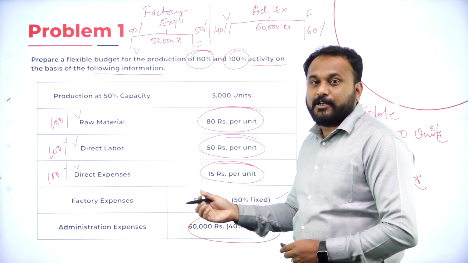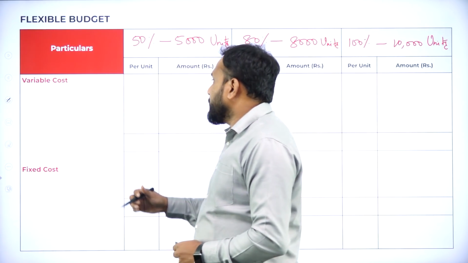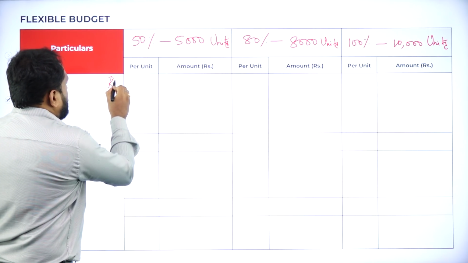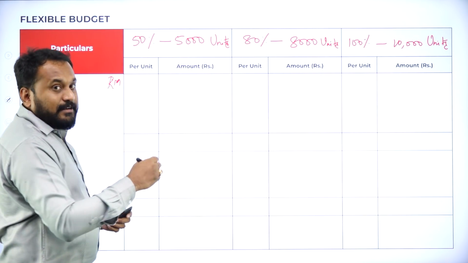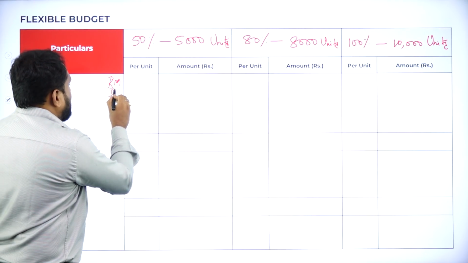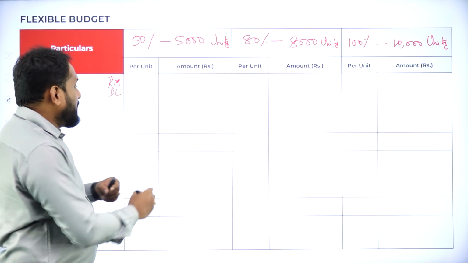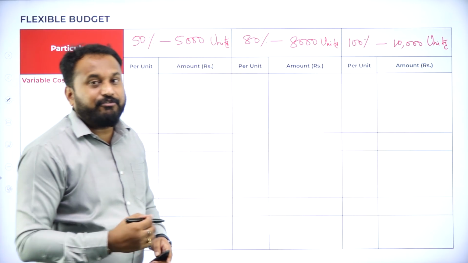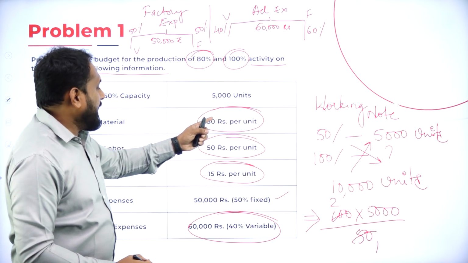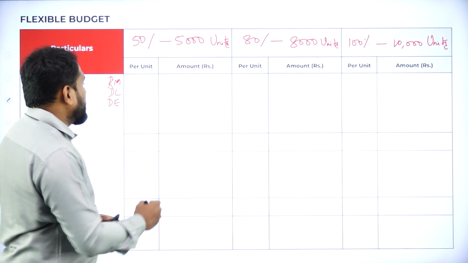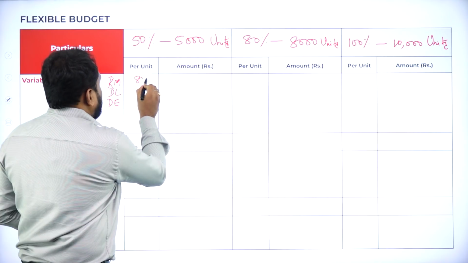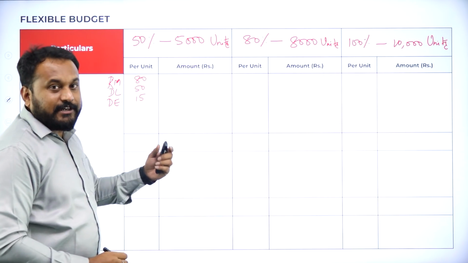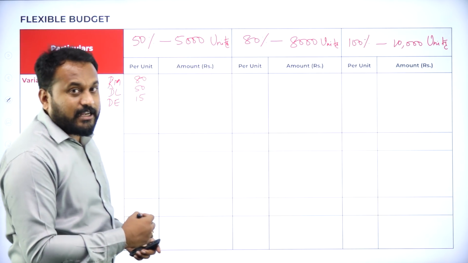So we'll write it down here: raw material, then direct labor, then direct expenses. All are 100% variable. Let's check: 80, 50, 15. So we have written that. Done.